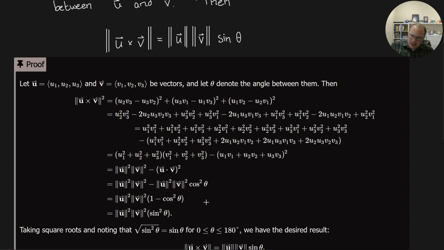Okay? Now, technically, you got to be a little careful when taking square roots. But in this case, we're all good. Norm of u and norm of v are positive, so when we take the square root, we really do just get norm of u and norm of v, right? Now, sine of theta doesn't always have to be positive. And the square root of a negative number squared doesn't have to give me that same number back, right?